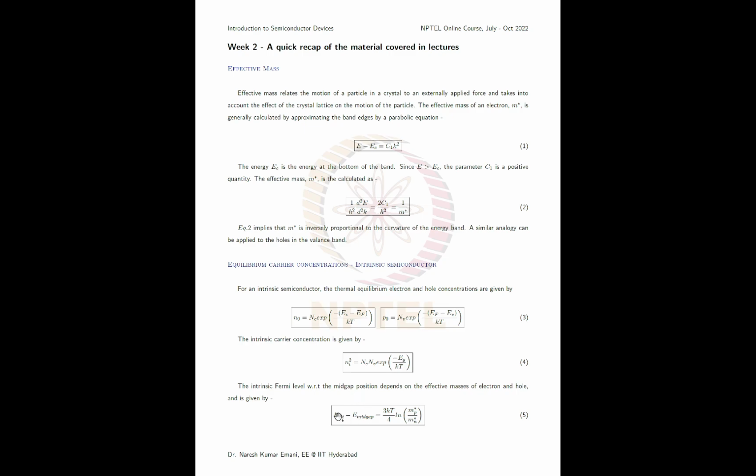You can calculate the Fermi level with respect to mid gap using the formula EFi minus E mid gap equals 3 kT by 4 ln (mp star by mn star), which is the ratio of the effective mass of the hole and the effective mass of the electron. This is the intrinsic Fermi level. If we dope the semiconductor, the Fermi level will change; that we will see in the next part.